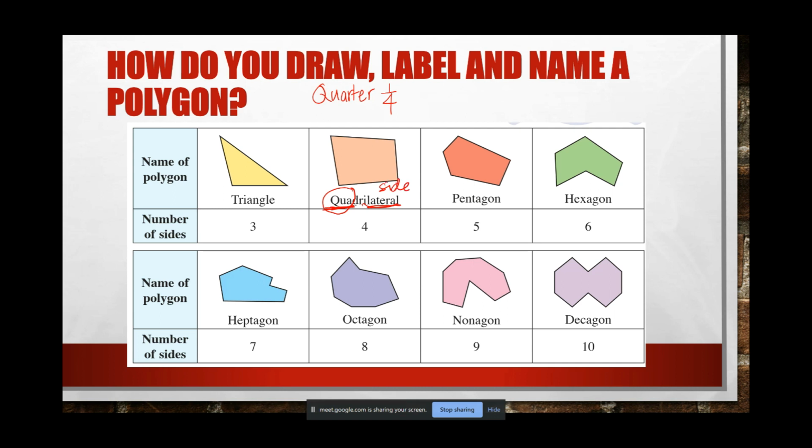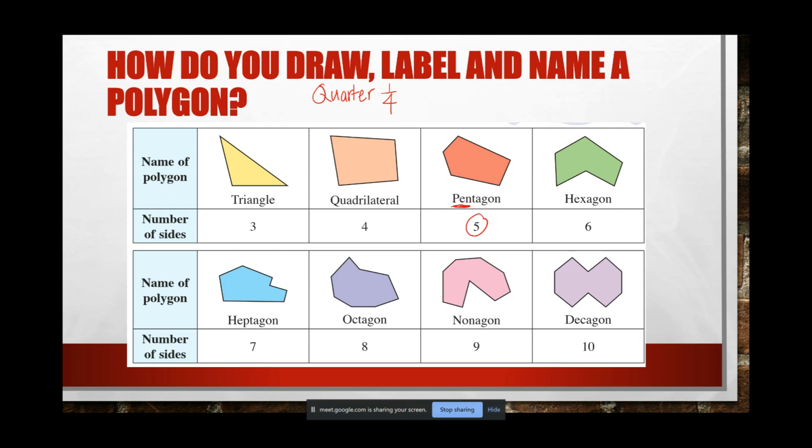Lateral means sides. Then to remember the pentagon has 5 sides, imagine you hold your pen with your hand, right? How many fingers do I use to hold the pen? How many fingers do I have? 5 altogether. So that is how you memorize it. It's not really all 5, but on one hand we have 5 fingers.